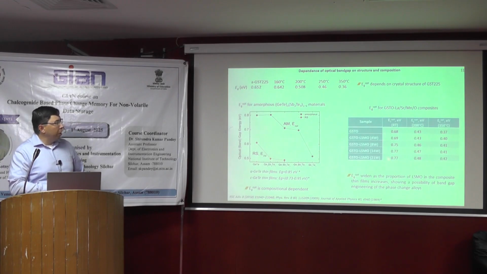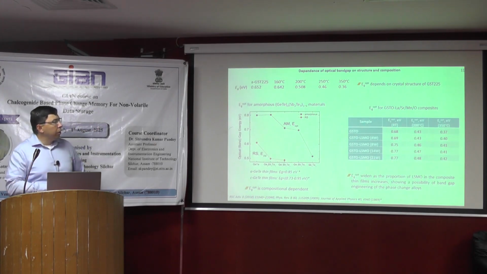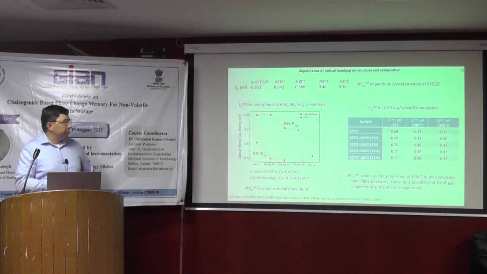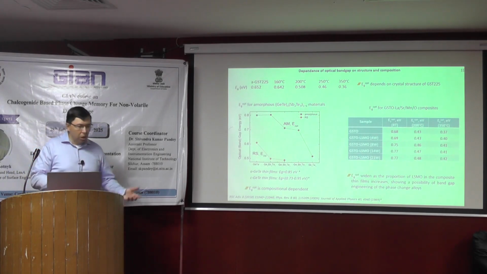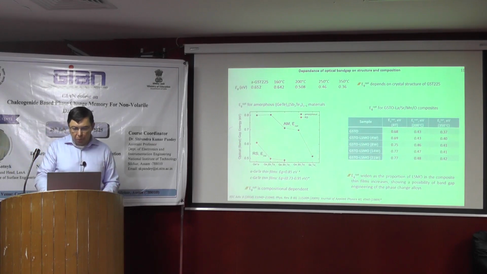If we increase the doping, this is low level, this is higher level, we can increase the value of the band gap up to 0.77 eV, and this also holds for the crystalline phases, so we can go from 0.37 to 0.42. So here you can also tune the band gap of GST materials by doping.